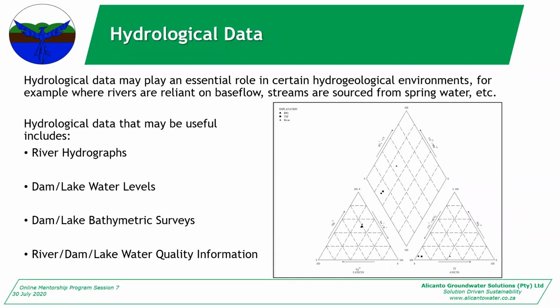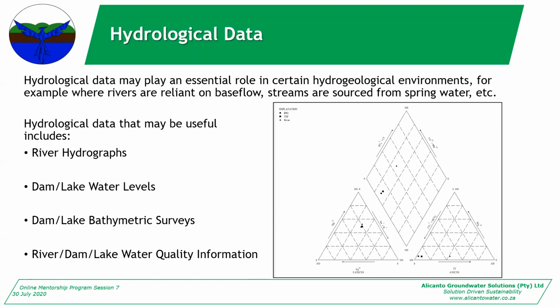Okay, hydrological data or surface water data. That's quite important where you've got rivers that take base flow or streams that have a source as a spring, anywhere where there's surface groundwater interaction potential. The data that's useful to us is river hydrographs, the dam or lake water levels, the bathymetric surveys showing how deep the dam is.